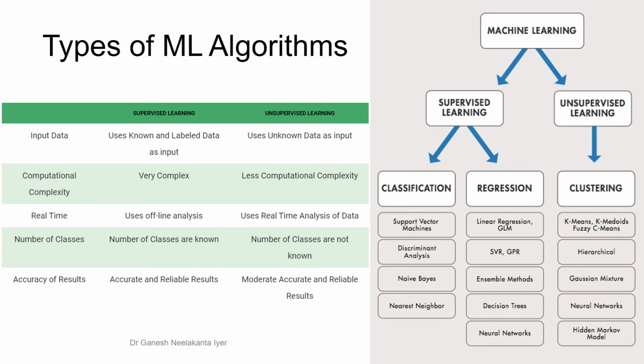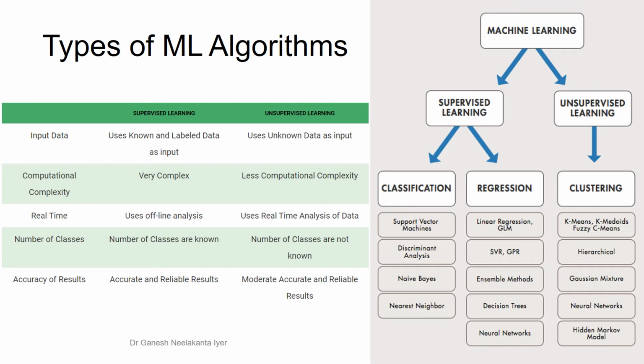Supervised learning, number of classes. We know how many classes of data we have when we are dealing with supervised learning because we have categorized them, we have labeled them, we know how many labels there are. Whereas in unsupervised learning, the number of classes is not known. It's up to the algorithm to categorize them in different ways according to certain features that the algorithm understands.